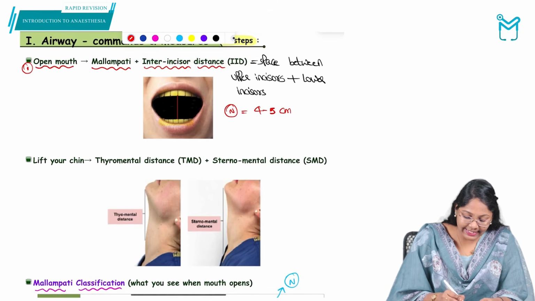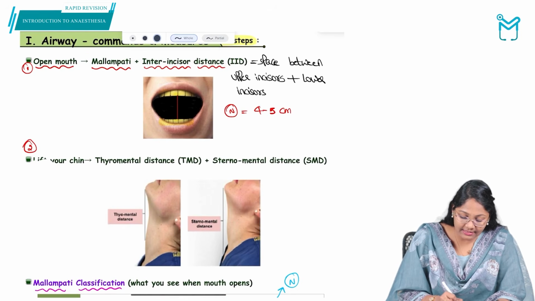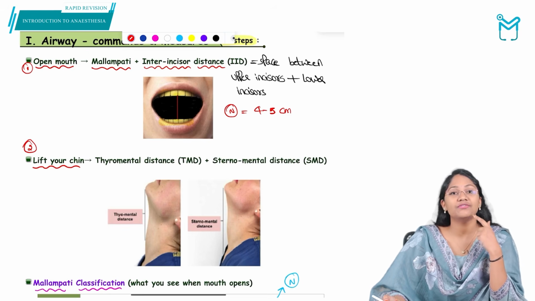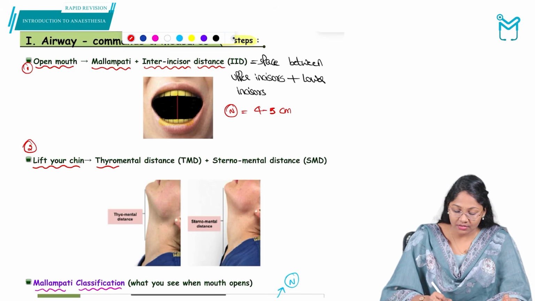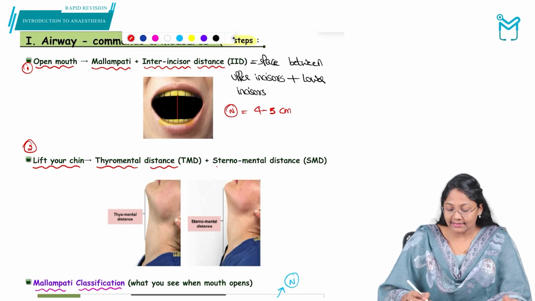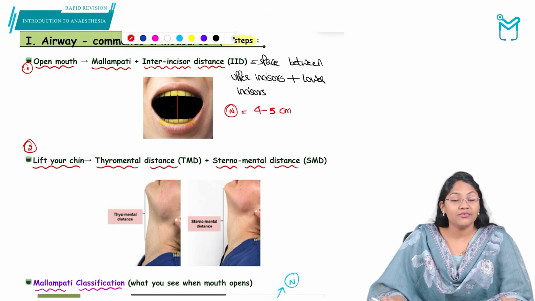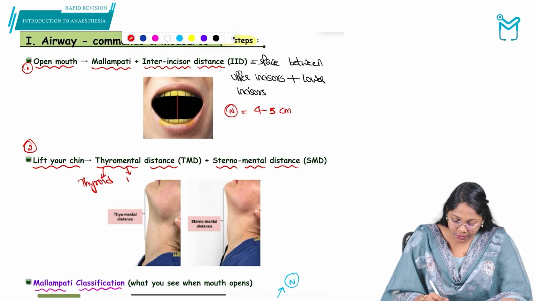Now coming to our second step, what we do for airway assessment, we ask the patient to lift their chin. So when we ask the patient to lift their chin, what are the distances we are going to measure? Those are thyromental distance as well as sternomental distance. From where to where we are measuring, it is from thyroid to mentum.